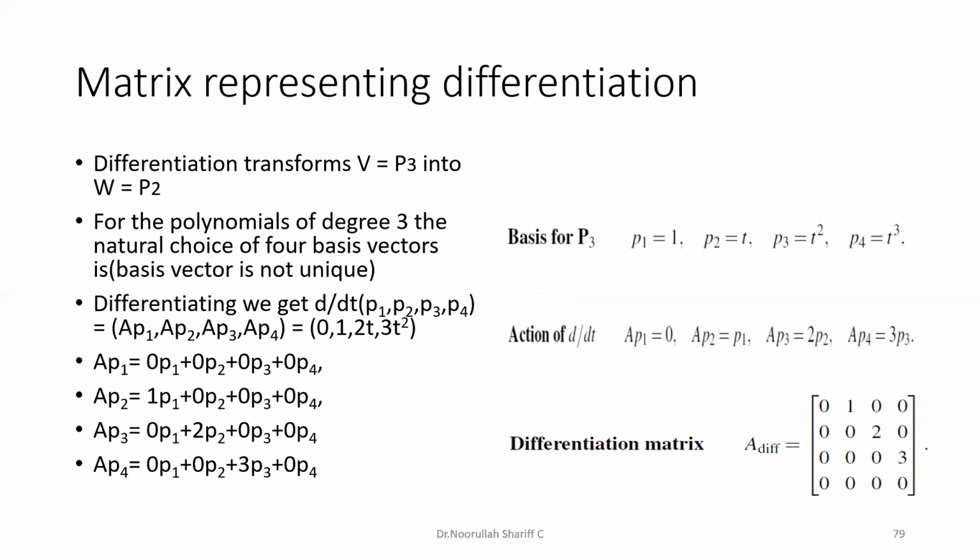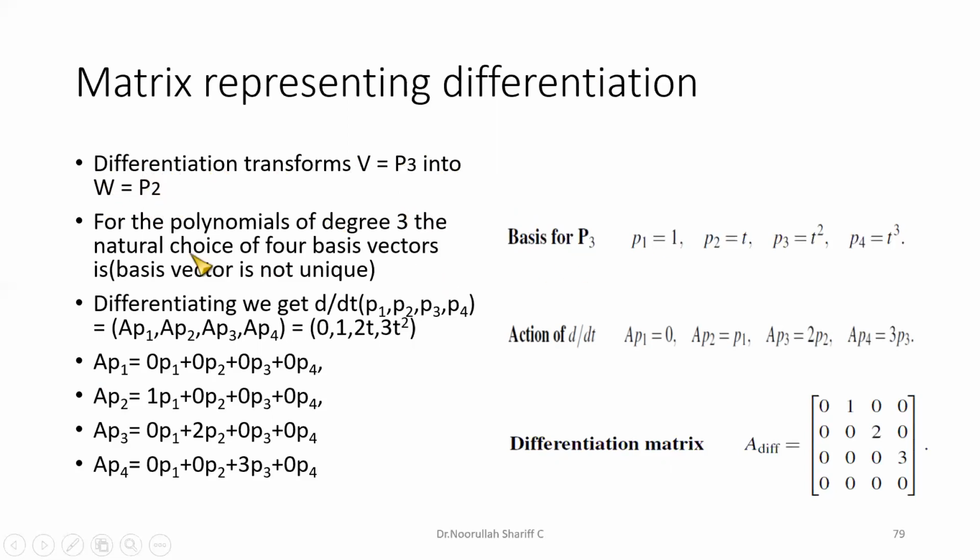Now let us consider how we can represent the linear transformation, which is the operation of differentiation, by means of a matrix. Differentiation transforms a vector space V into a vector space W, where vector space V is the polynomial space P3, and vector space W is the polynomial space P2.